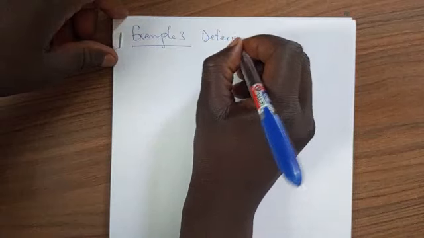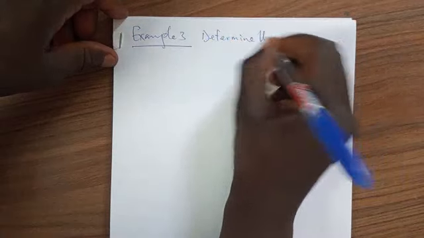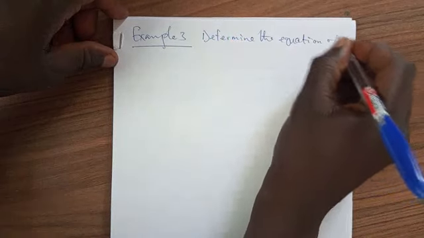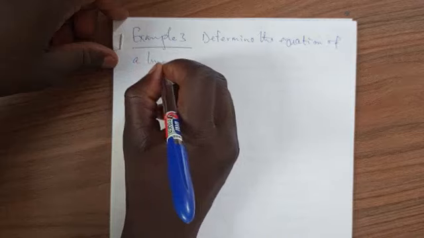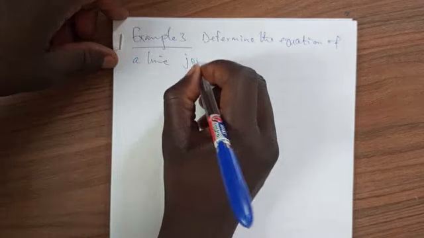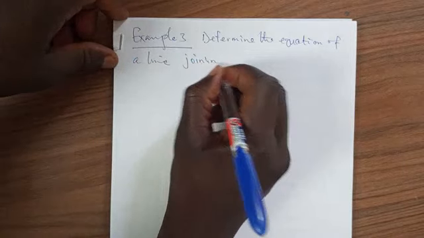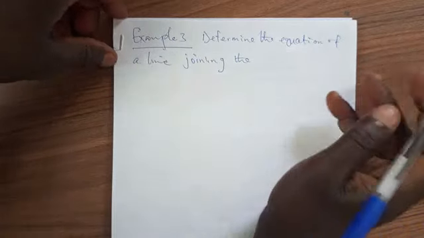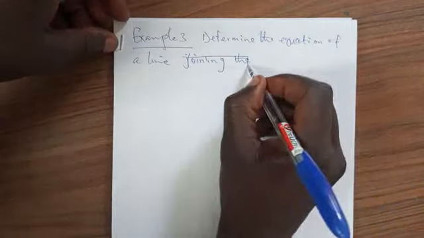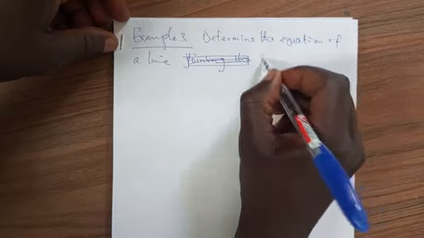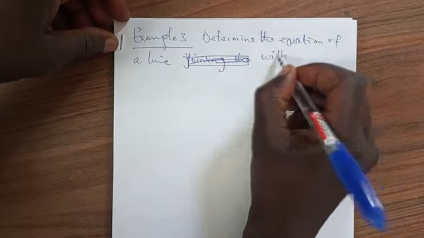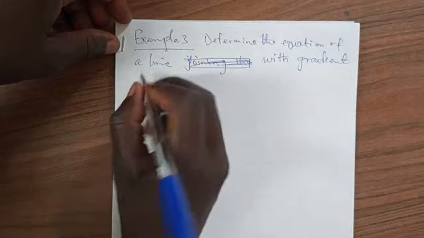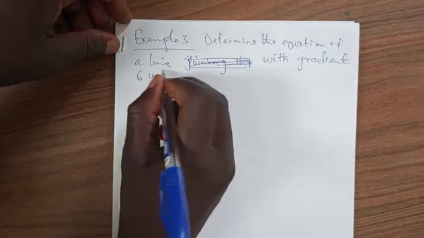Determine the equation of a line with gradient, say 6 units, and an intercept of -3.